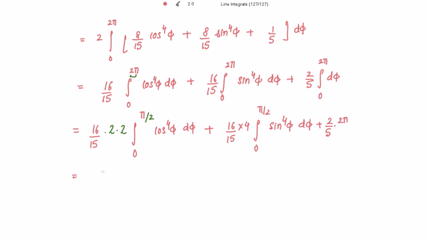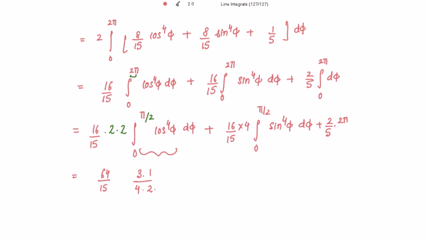So this is equal to 64 divided by 15. Applying the reduction formula over here, now I am having the power 4. So subtracting the odd numbers from this power, 4 minus 1 is 3 and 4 minus 3 is 1, divided by writing the power in the denominator and then subtracting even numbers from this power: 4 minus 2 is 2 and 4 minus 4 is 0, not required.